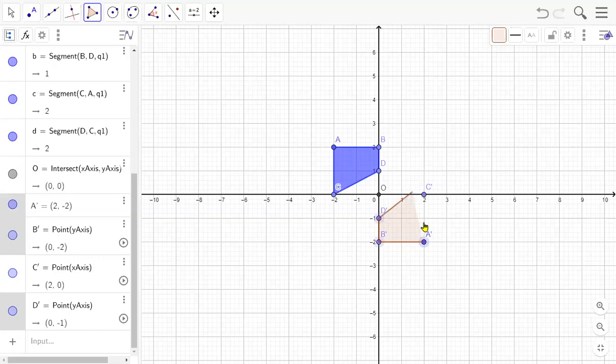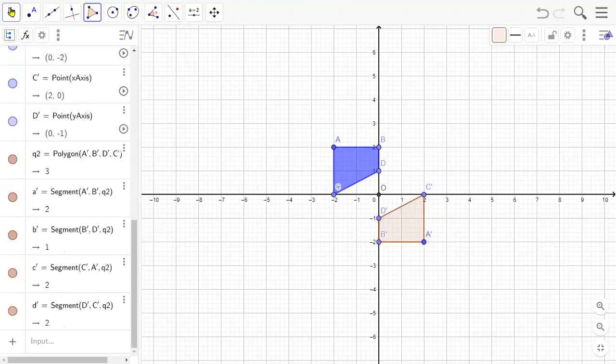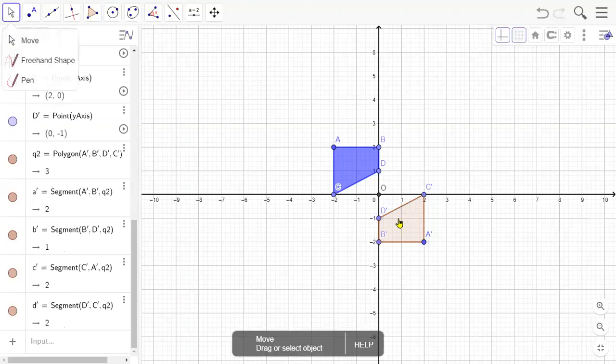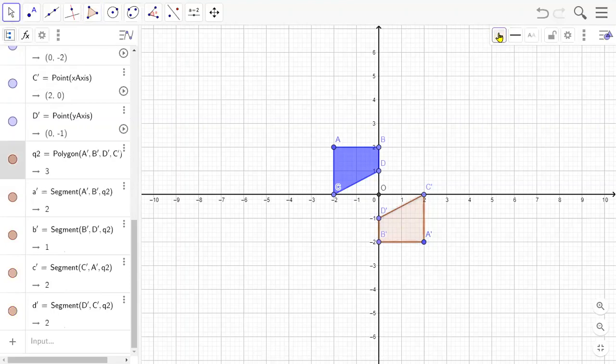Let me connect, one second. Now the points are connected perfectly. Let me use the next color. Here the image is A dash, B dash, C dash, D dash. This is the image quadrilateral and this is the object quadrilateral.